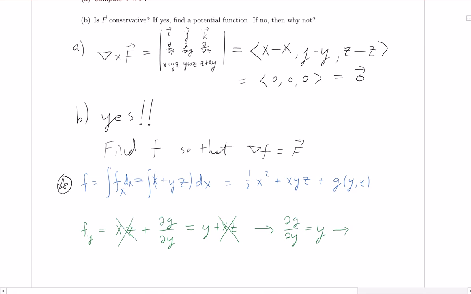And if we integrate this equation, this tells us that g is 1/2 y squared, maybe plus a constant. But again, we still haven't taken into account the z variable. We've now accounted for x and y. So this might not necessarily be an actual constant. It's just a constant as far as x and y are concerned, so it still may depend on z. So we'll still call it a function. We'll call it h of z.